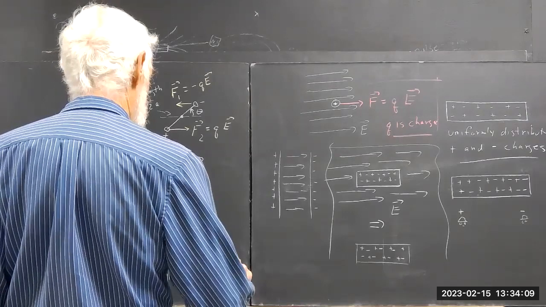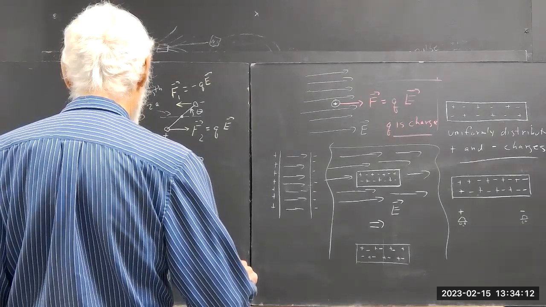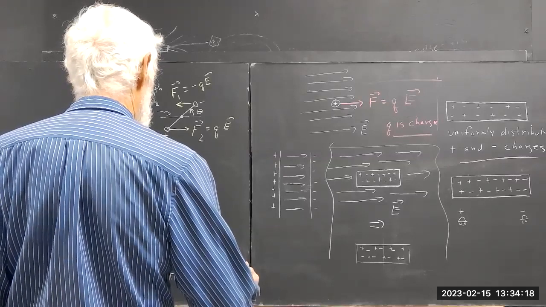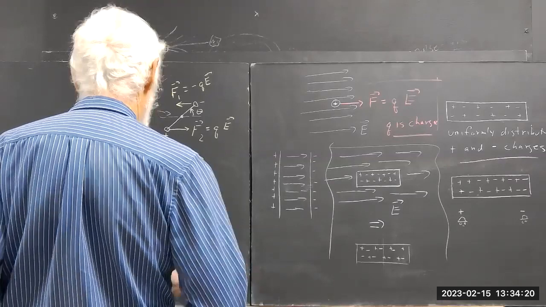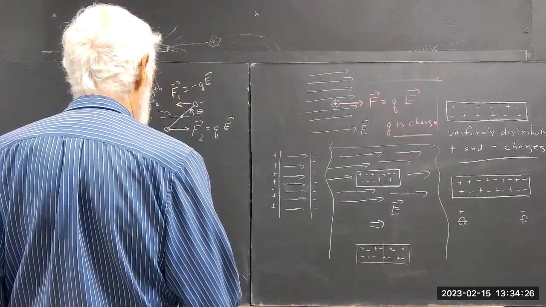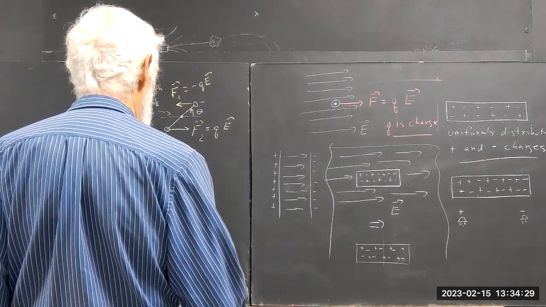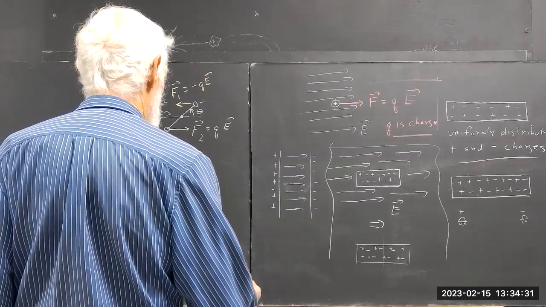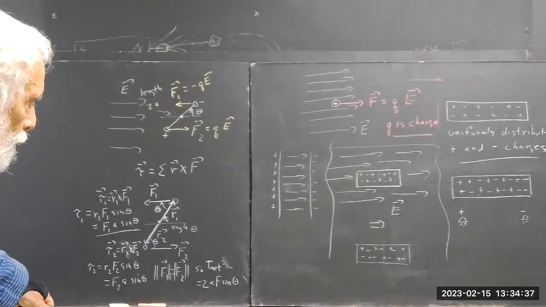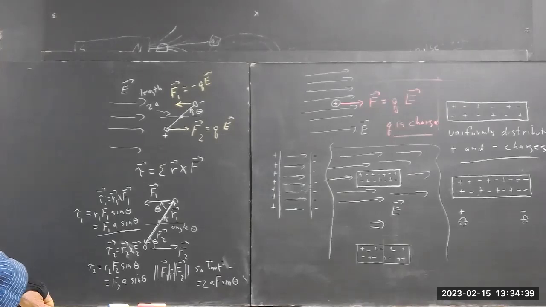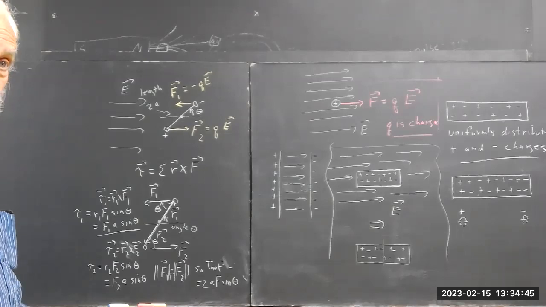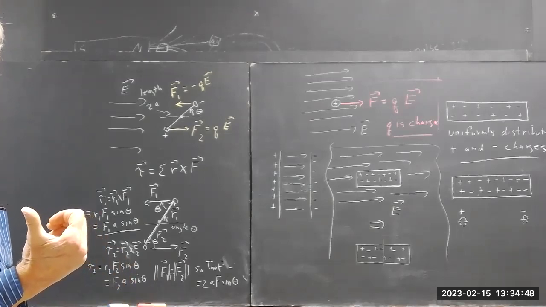Found out the total is 2AF sine theta. The vector is found by the right-hand rule. Okay.